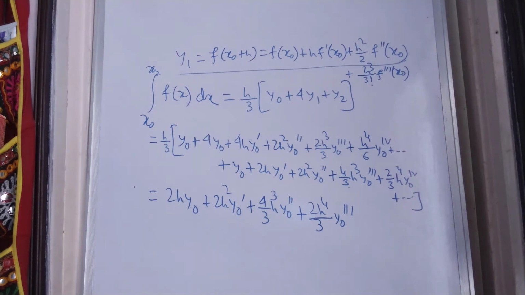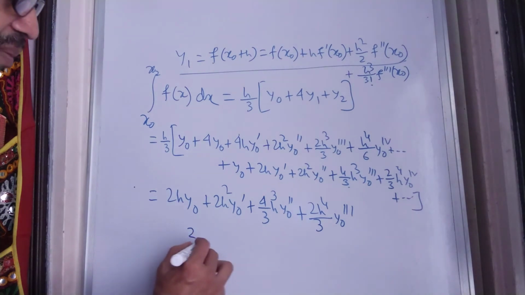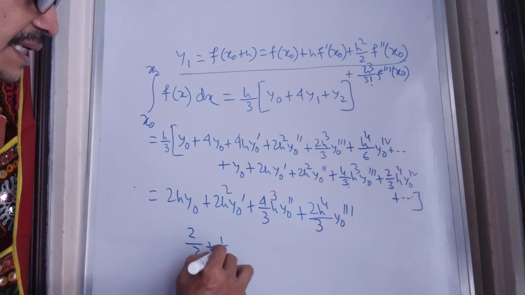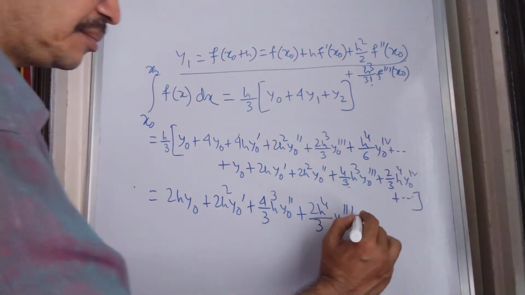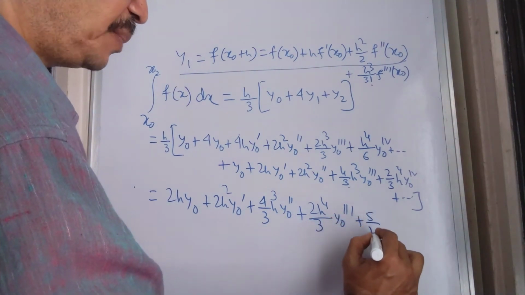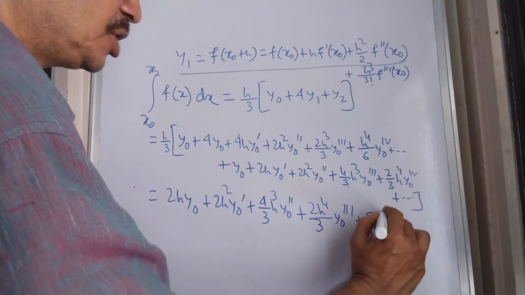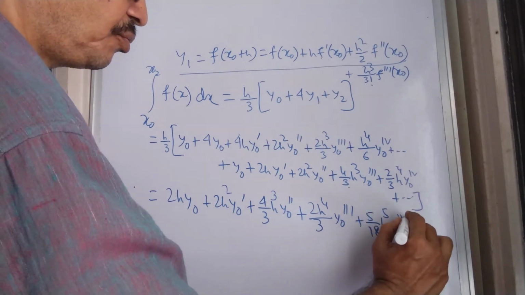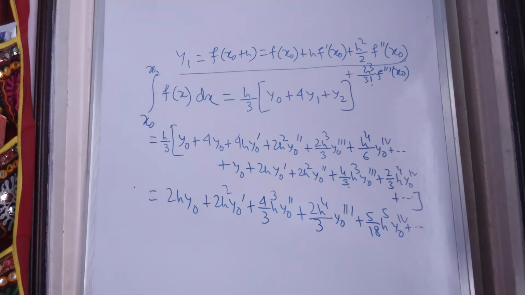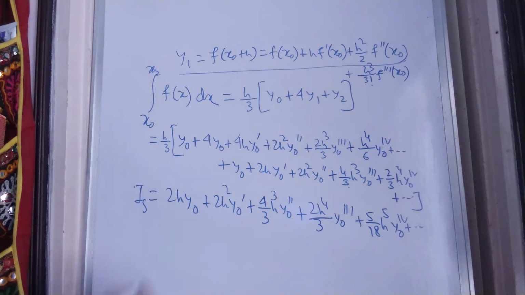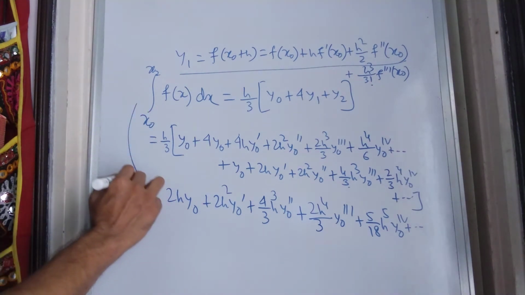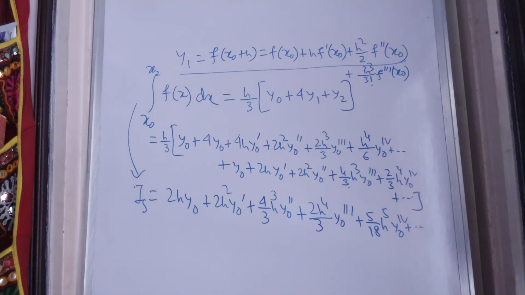Now we have 2/3 plus 1/6, which we calculated earlier. This is a very simple calculation, and this becomes nothing but 5/18 h to the power 5 y0 4 and so on. So this is actually our IS, the value of the integral using Simpson's 1/3 rule.